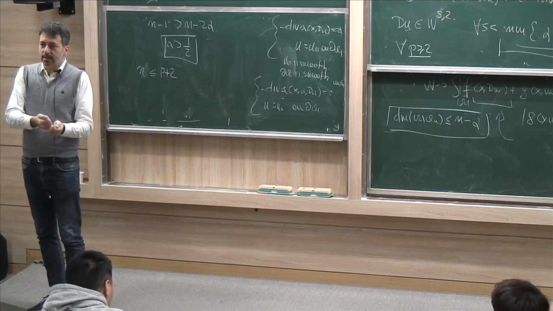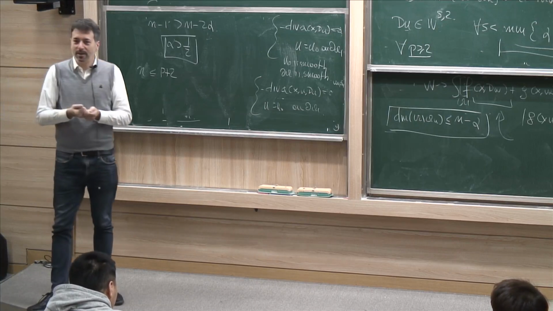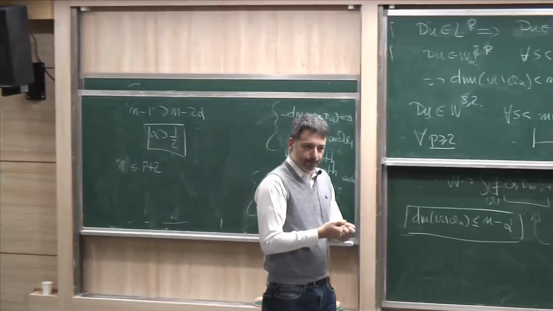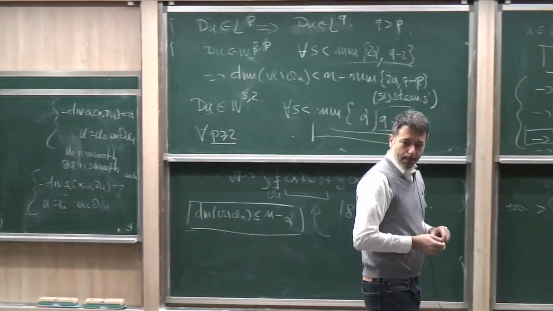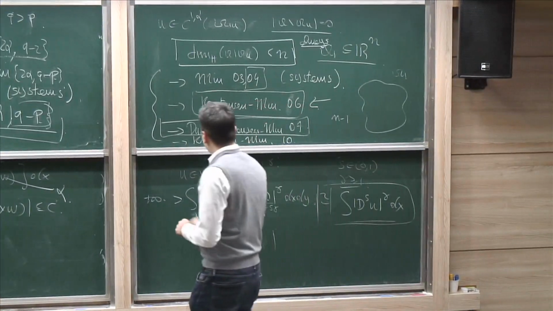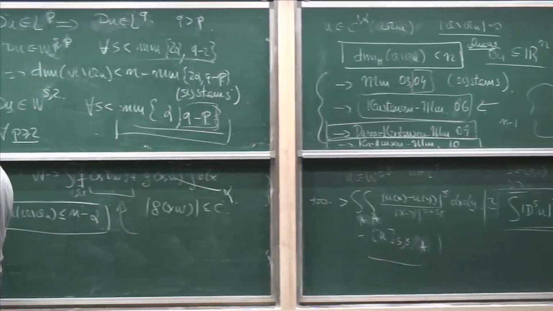Because the singular set should be smaller than the dimension of the boundary in order to prove the existence of boundary regular points. Okay? And finally, in a later paper, we did the same thing for minimizers of functionals of this type.